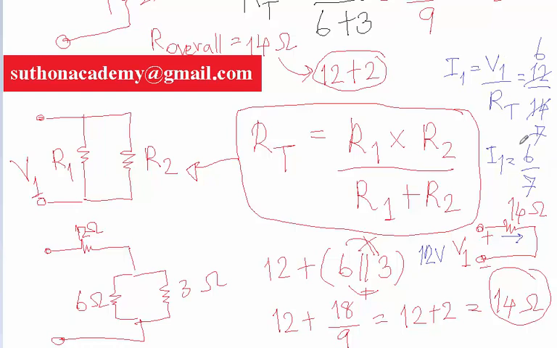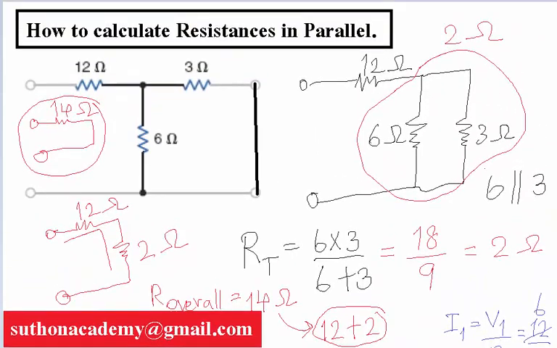So if you want to know the number, you can calculate from this fraction, and then you can know the unit is ampere. Okay, these are the method how to calculate the resistance of the parallel circuit.